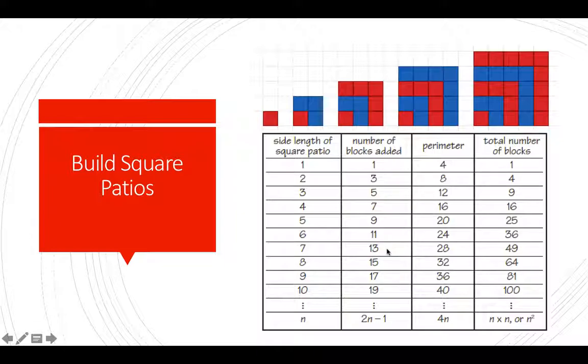I try to get my students to look across from, in this case, the term number to its corresponding value. So what do I do to 1 to get 1? What do I do to 2 to get 3? And the actions need to be the same.